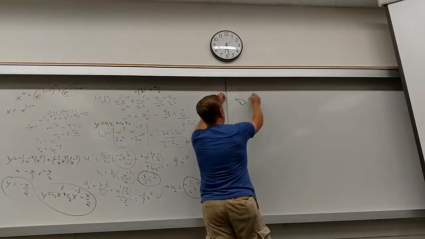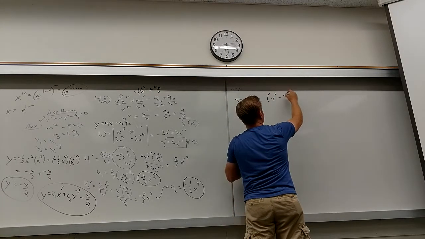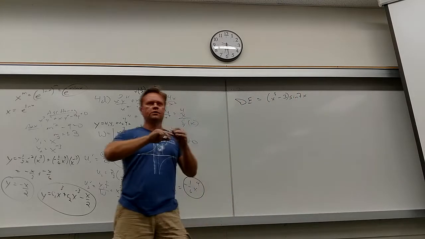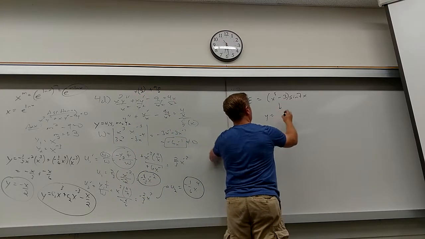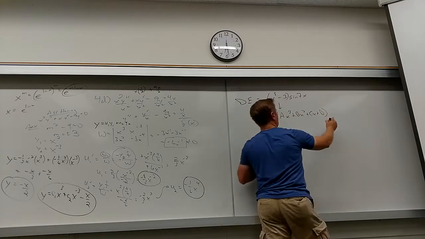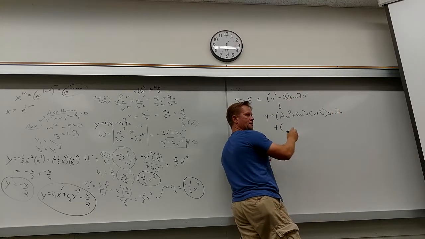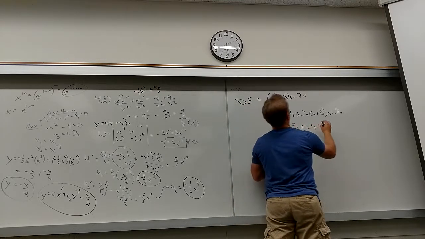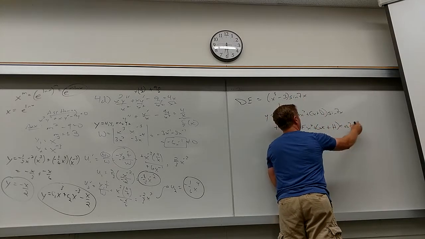So if you had a DE equals x cubed minus 3 times sine of 7x, what's your form going to be? ax cubed plus bx squared plus cx plus d, times sine of 7x, and then the same thing with cosine of 7x, but with the next letters in the alphabet as you go on.